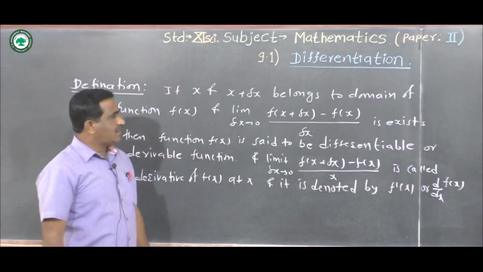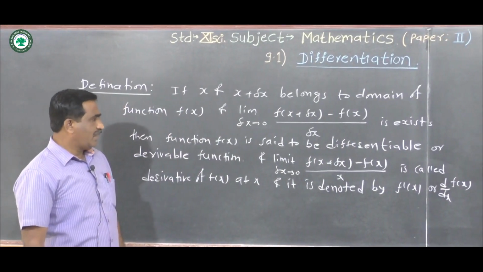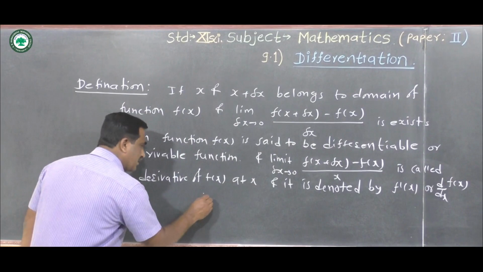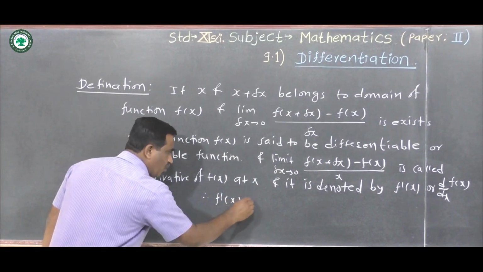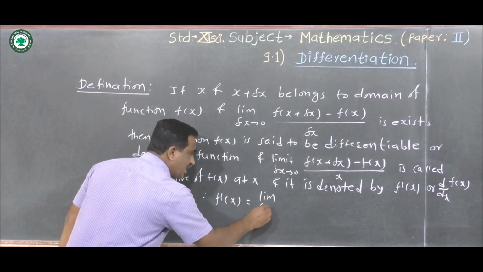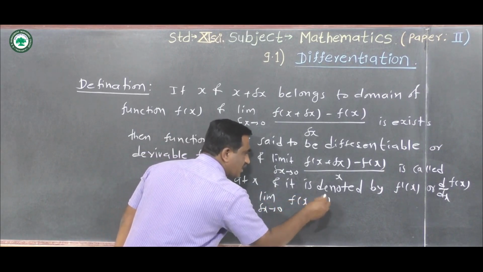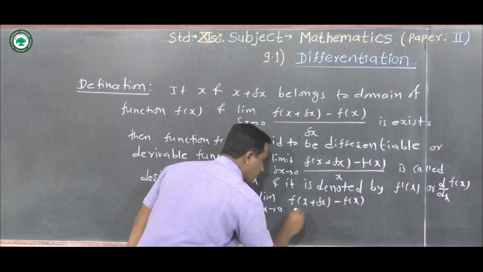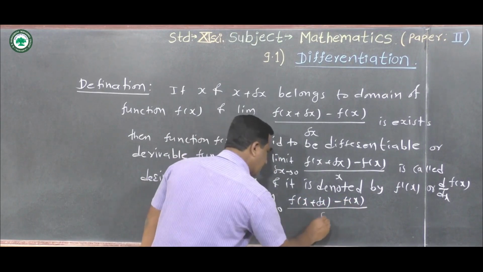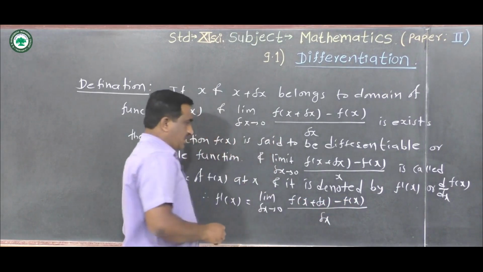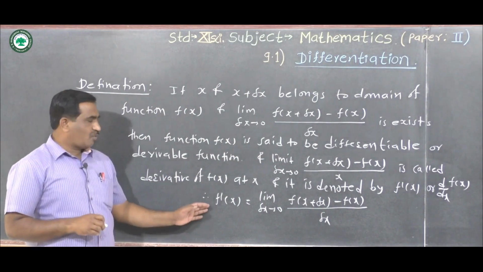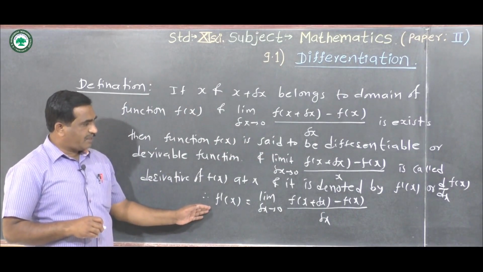Okay, this is the definition of derivative, and we can write here f dash of x, mathematical form, limit delta x tends to 0 f of x plus delta x minus f of x upon delta x. Okay, this is the mathematical form for the definition for derivative.